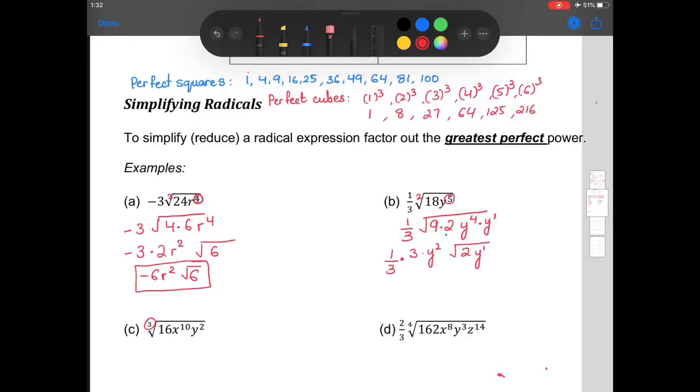We're not changing the question, we just broke down y to the 5th as y to the 4th times y, right? Simplify this. So 1/3 times 3 is just 1, right? So it's 1 y square and 2y.